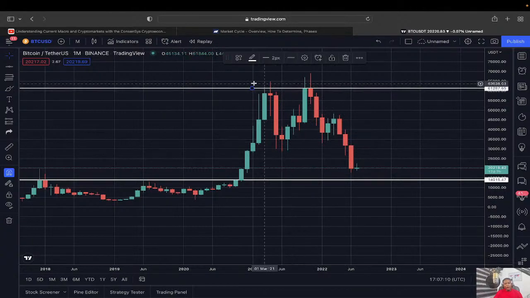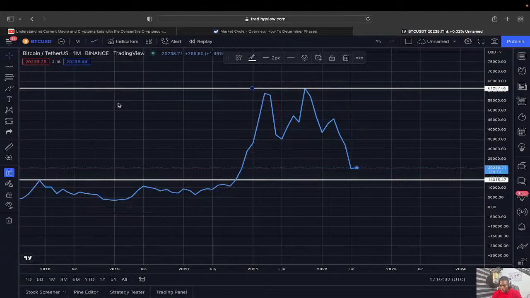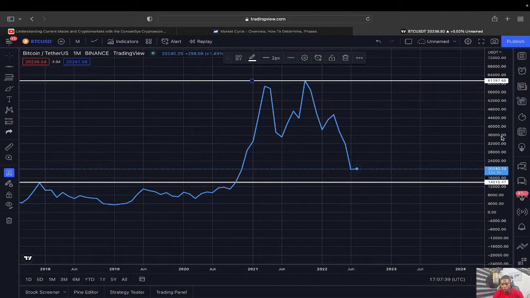Let's change the chart to a line chart, because a line chart gives us a very realistic view of what is currently ongoing in the market. So let's go to the line chart now. Now this is the line chart. It's a clearer view here.